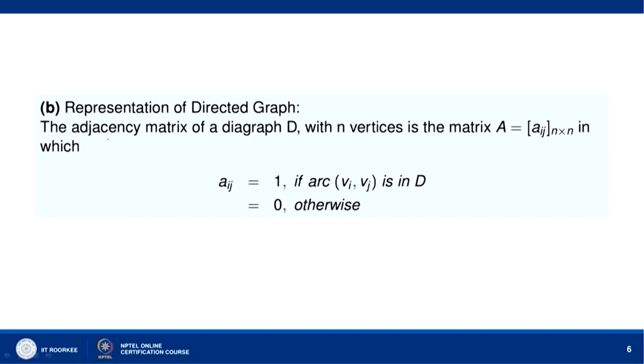The adjacency matrix of a digraph with n vertices is the matrix A equal to [a_ij], n by n, in which a_ij is equal to 1 if arc BiBj is in D. So, if Bi and Bj are joined by an arc, then a_ij will have value 1, otherwise it will have value 0.